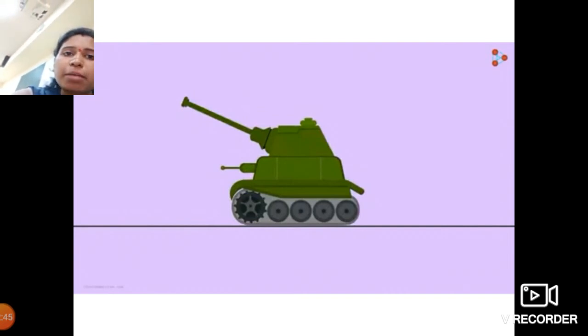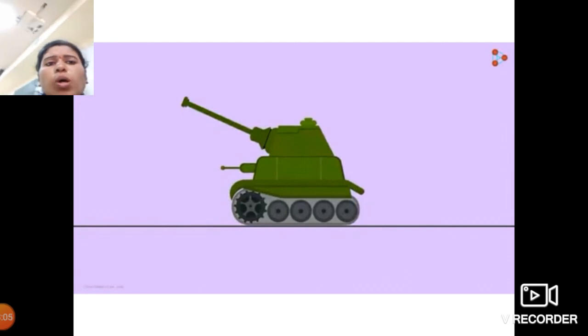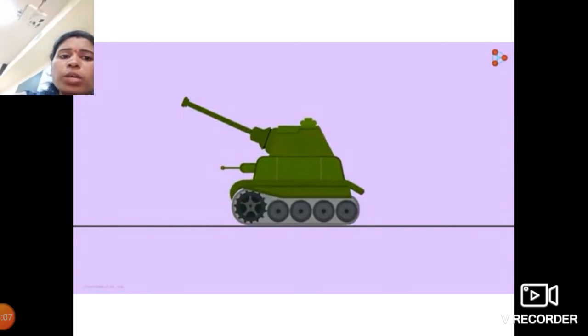This army tank is huge in size, and if the wheels ran on the ground, then due to the less contact area with the ground, the pressure on the ground would be more.